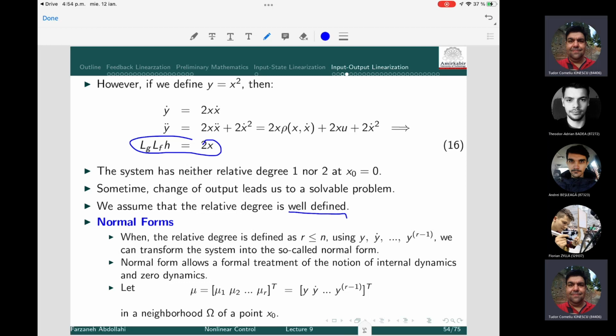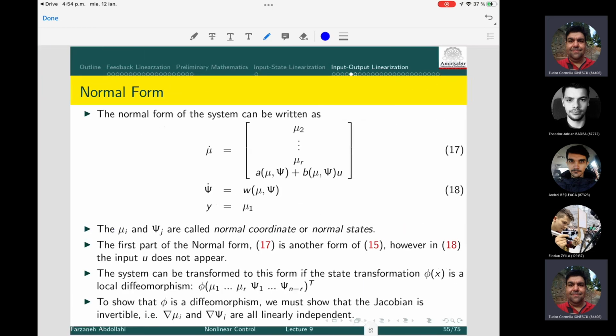You define mu, this vector. The normal form is written in this form. Mu dot is mu2 up to mu r, and then mu r plus 1 has this form with a, b and u.